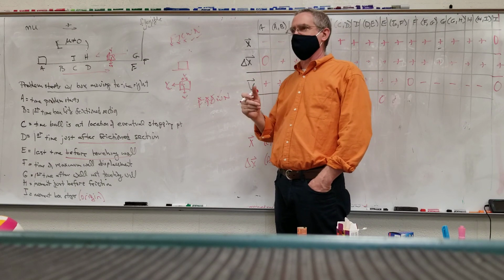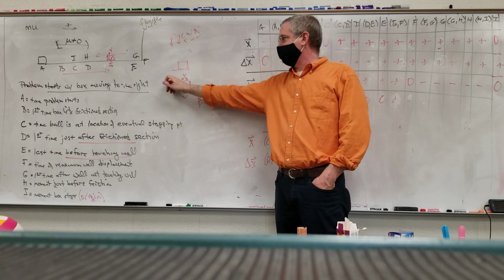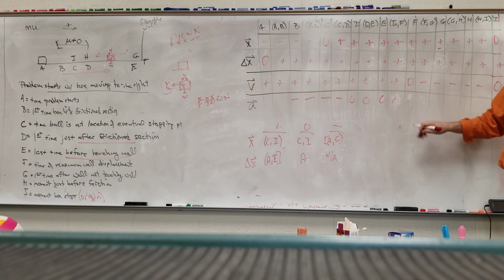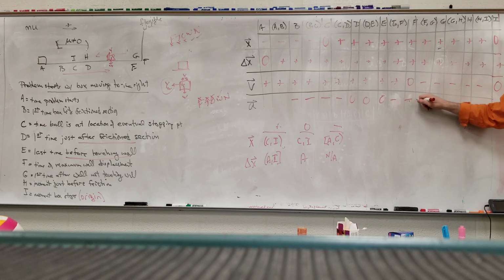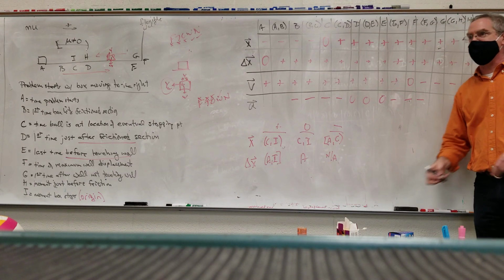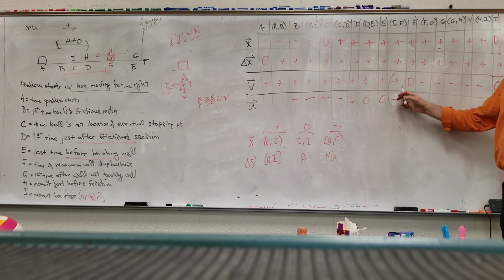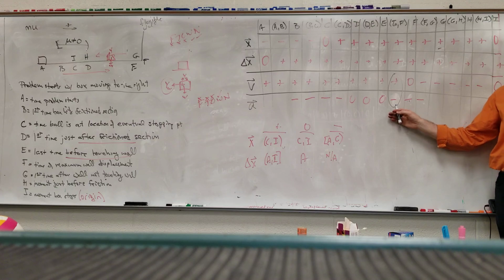Okay, I think someone just said to the left. Yeah, because that's the net force right there. The box is pushing on it, so it is negative while it's touching the wall. Now, in the first region here, between E and F, when the velocity is positive and acceleration is negative, it's slowing down.